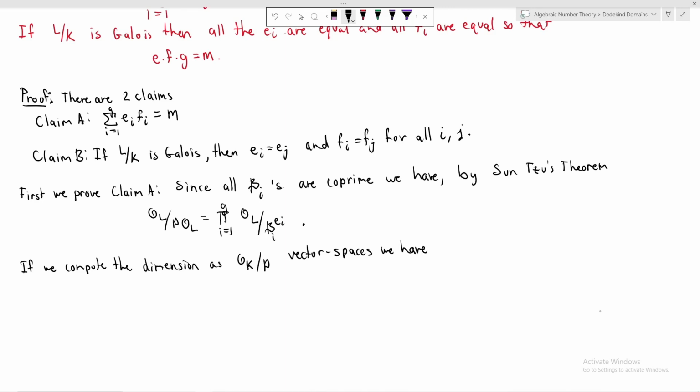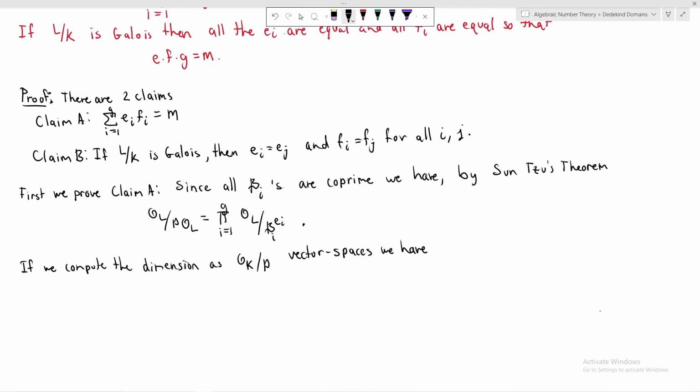So O sub L contains O sub K as a subring, so it's naturally an O sub K module, and P acts trivially on this space because we're modding out by P. So it inherits the structure of an O sub K mod P module, and because O sub K is a Dedekind domain, and P is a prime ideal, it's also going to be a maximal ideal.